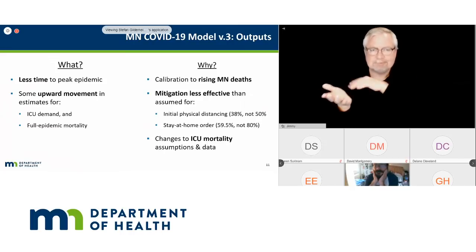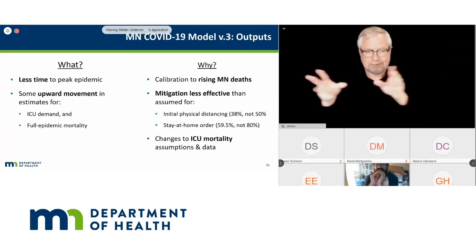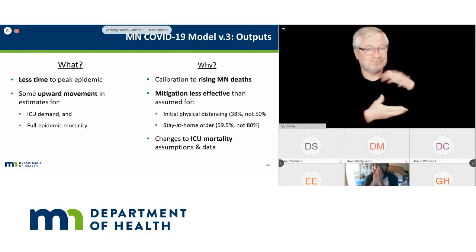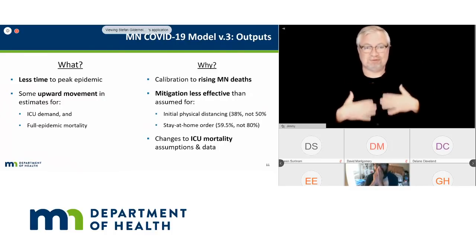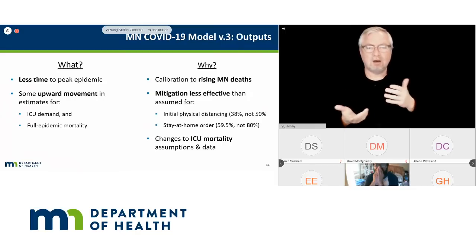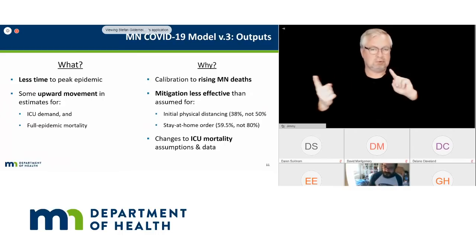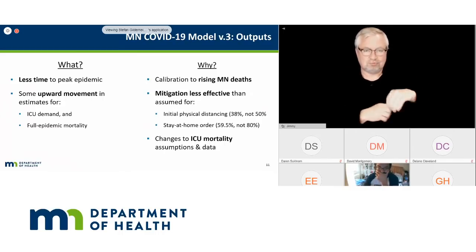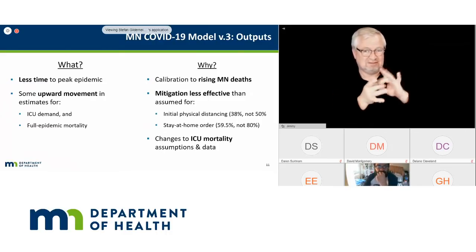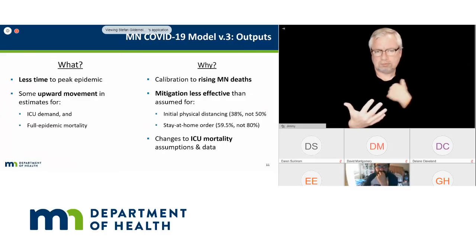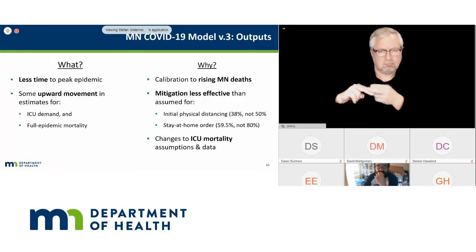So a word on mitigation. You may recall that we assumed for the initial physical distancing period that it would reduce contacts by about 50%, and for the stay-at-home order, a reduction of contacts by 80%. As we go through the calibration process that Eva described, we're realizing we have more infection than this assumption in contact reduction accommodates.